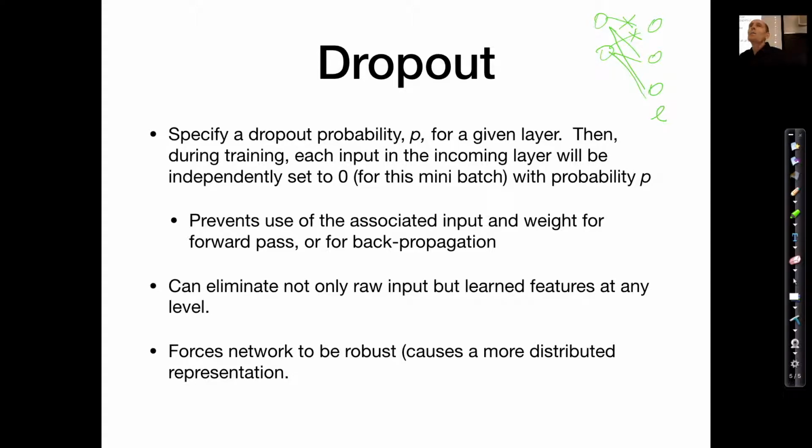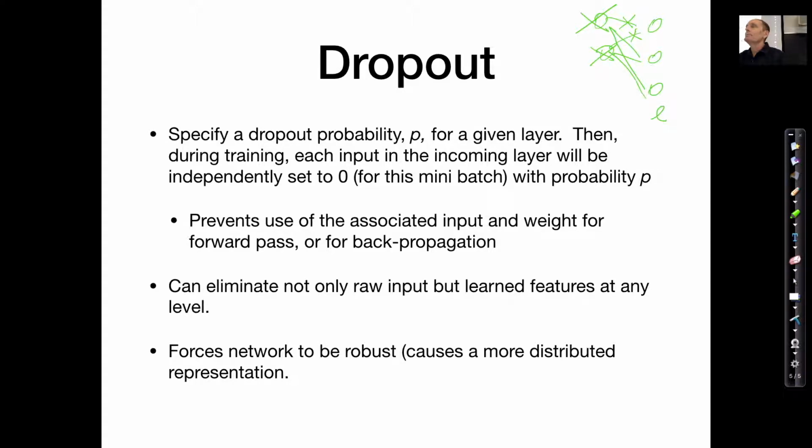I take it back. We're not actually going to do the weights. We're going to do inputs. There are several different ways that you can do dropout. So one way is to just kill inputs, and another way is to sort of zero out the weights. Killing the inputs is a little simpler.